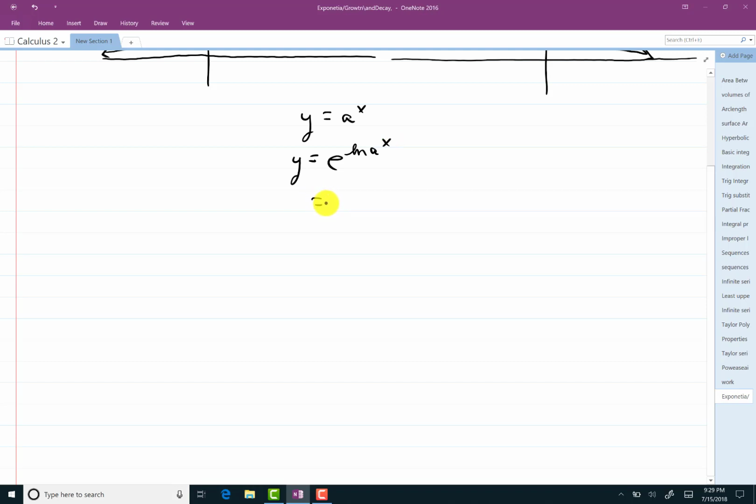I'll have e to the x ln a, and then I'm going to use a rule of exponents that says I can rewrite this as e to the ln a, raised to the x power. So this is my new base, but the important thing is it's e to a power, and this is the one that I want to work with more than anything.